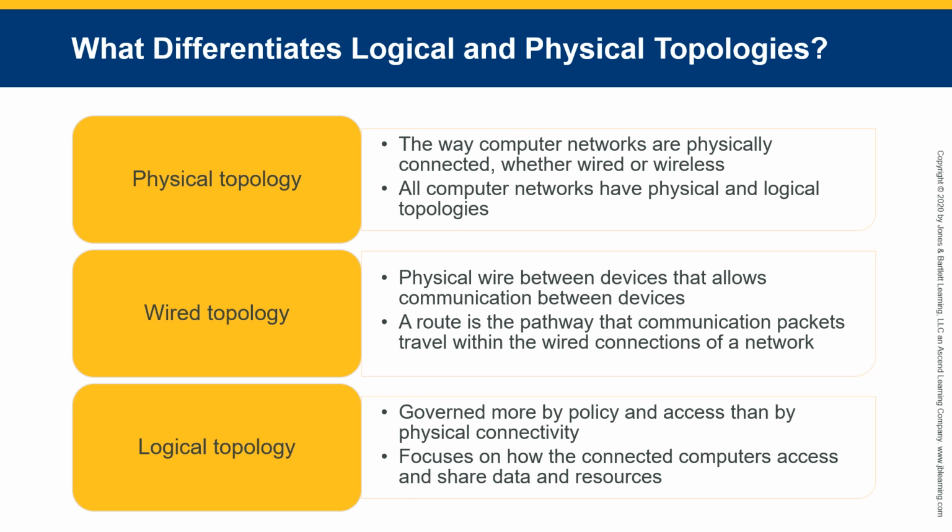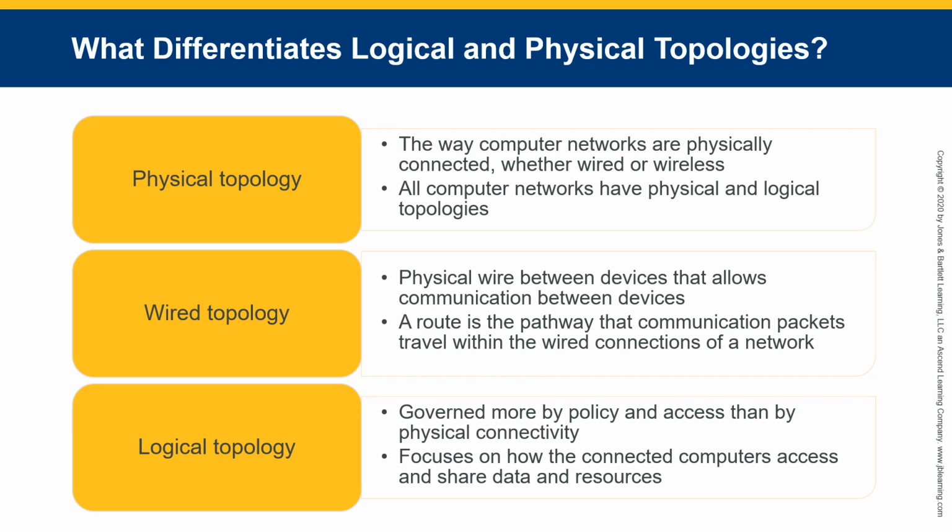Now, one thing to remember, all networks have physical and logical topologies. So you have both. So you've got to understand the difference between a logical connection and a physical connection. So that's the wire that's out of the back of your computer, or the wireless card. That's the radio waves being sent to your router. Those are your physical topology.